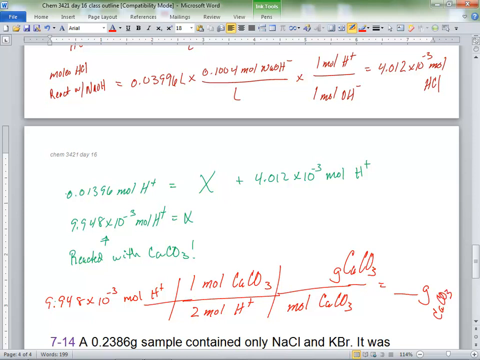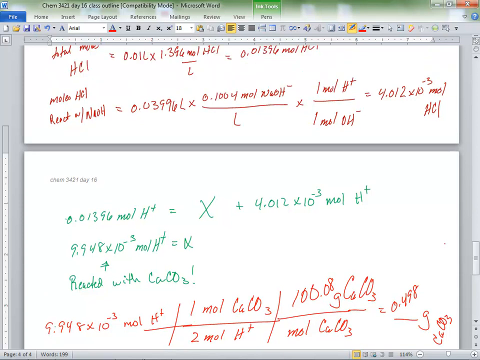What's the molar mass of calcium carbonate? About 100 grams. So we're at about 0.498 or so.